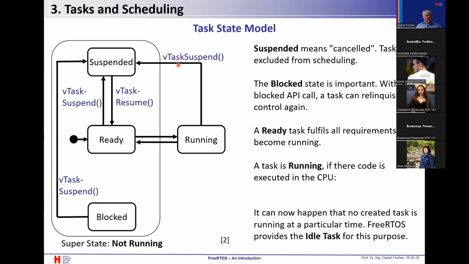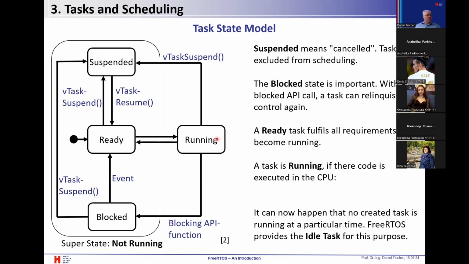Okay. The last state is the block state. Sometimes it can happen that an API function is blocking a task. For example, you have a running task, and the task is waiting for data in a queue, and the queue is empty, and then the task must wait until data is available.